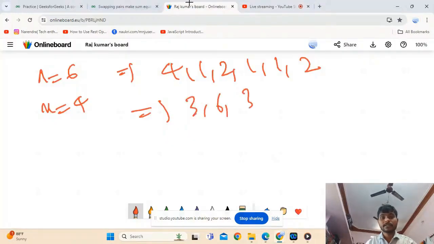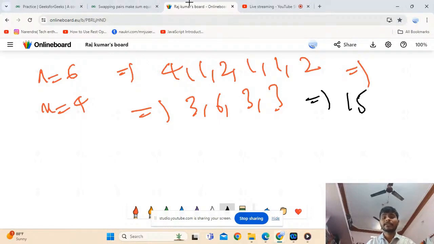The total sum of a is 11, and the total sum of b is 15. We have to make the sums of these two arrays equal.